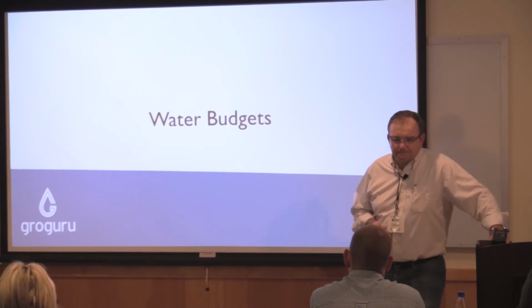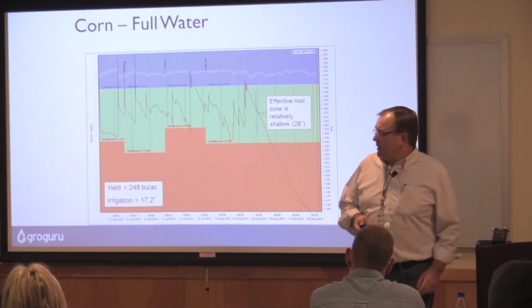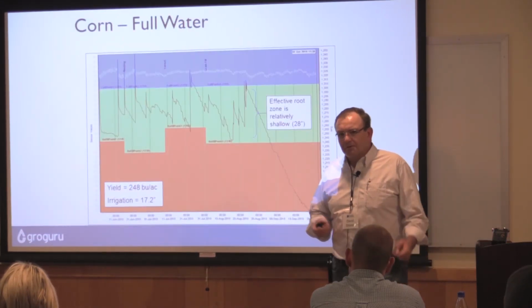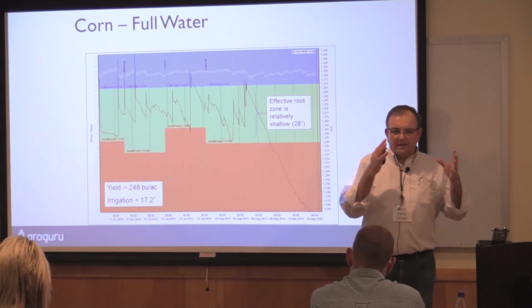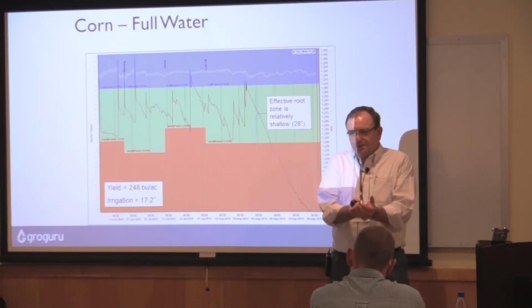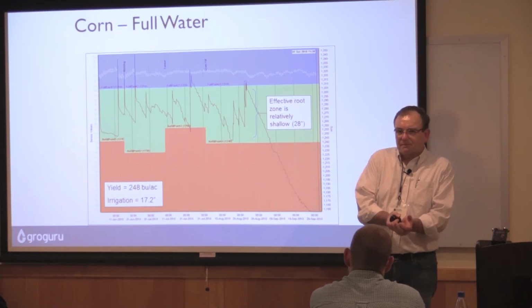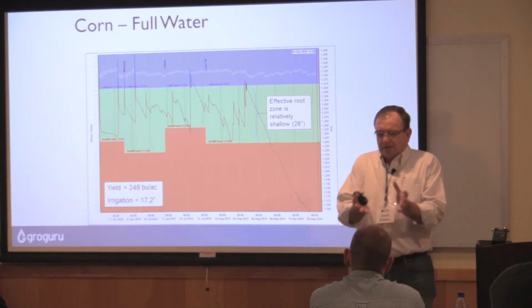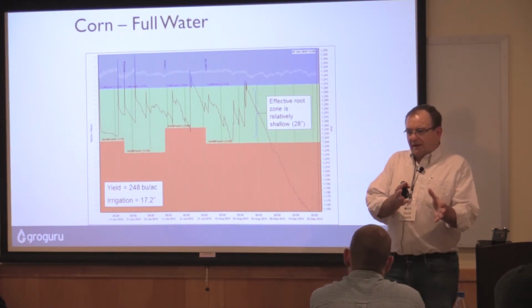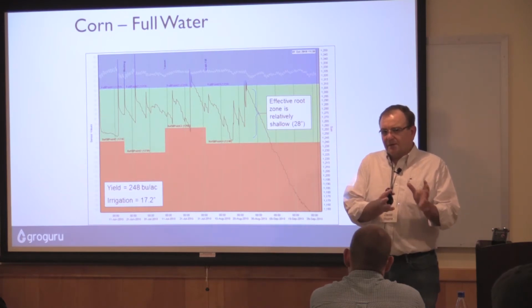Water budgets. So what do I mean by water budget? I mean sharing water between crops. I have a set volume that I can get out of this, or a set flow rate out of my pivot, and so I have to not only know, it's all about timing. Timing is everything.